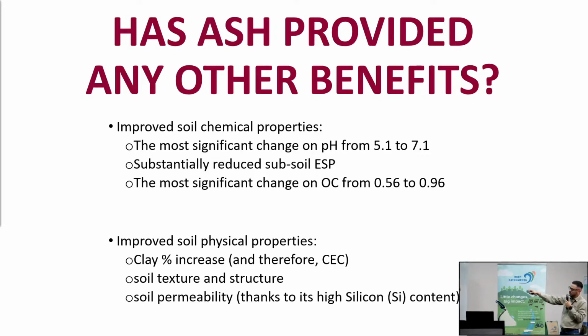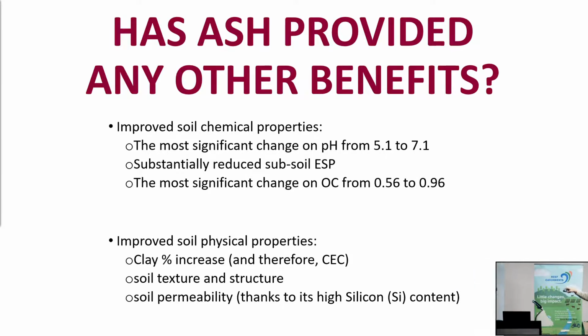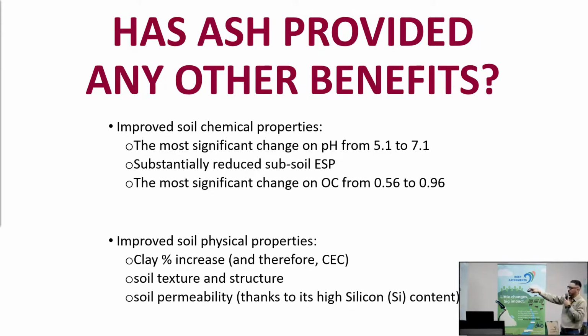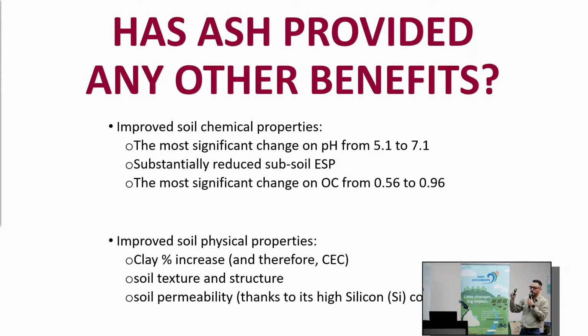In terms of physical properties, we had a clay percentage increase, and therefore we improved the CEC, or the cation exchange capacity, of the soil that was treated with the ash. In terms of soil texture and structure, we managed to drive down the bulk density. That was around 1.83.